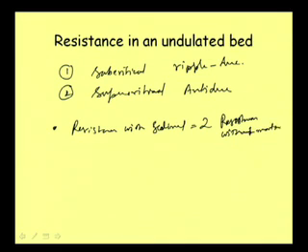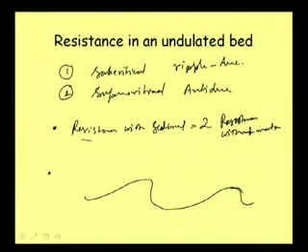Then another aspect that we need to know is that when sediments are moving and these bed forms are occurring like this, the resistance offered is not only due to the roughness of the bed, but also due to the energy that is lost, or the resistance offered by this sort of undulation.